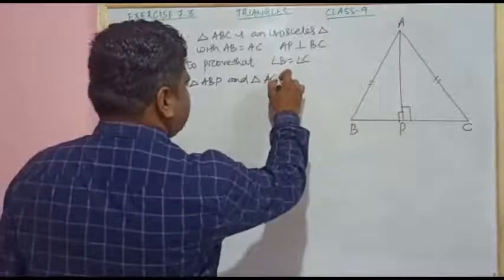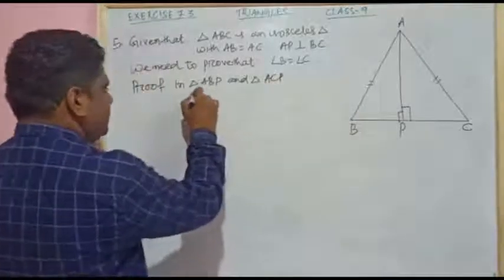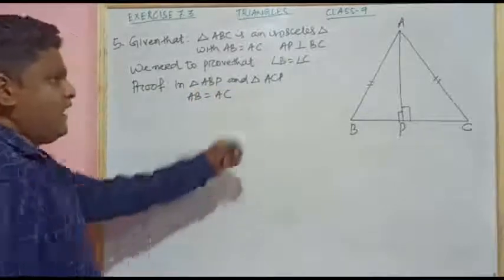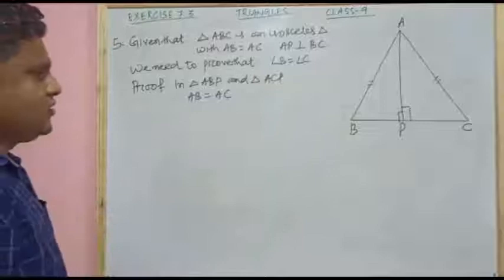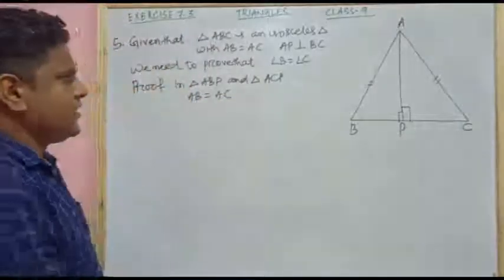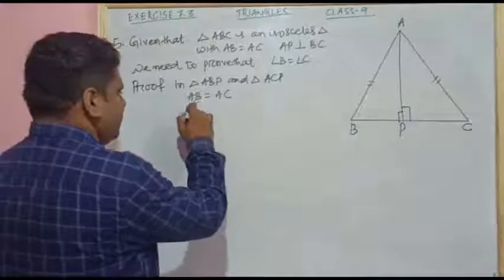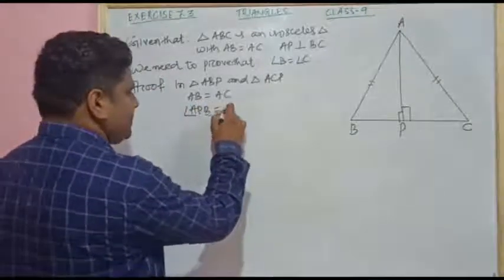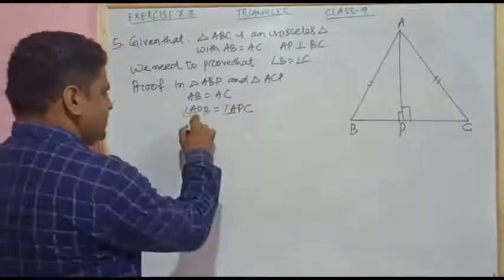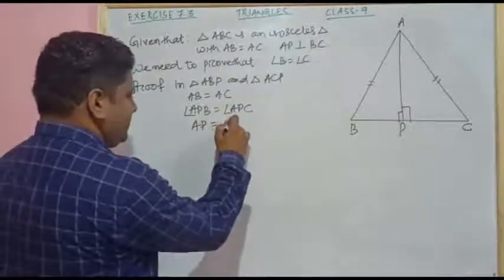ACP, what are equal? AB equal to AC, it is given, and there is instruction to construct AP perpendicular to BC, so we can write angle APB is equal to angle APC, and AP is common side for both, AP equal to AP.